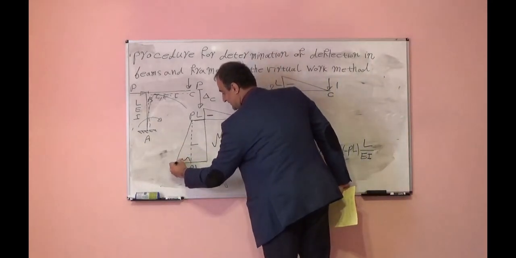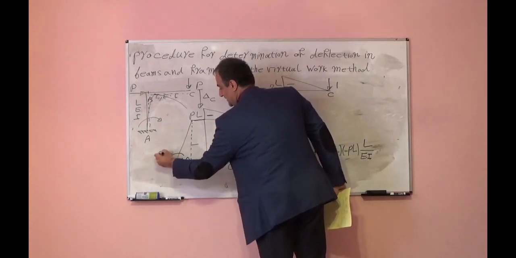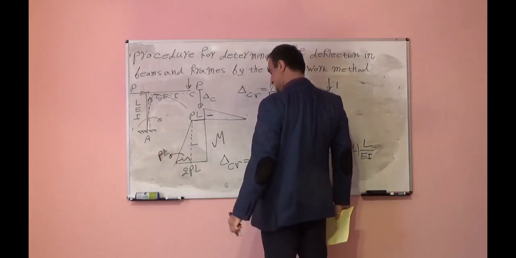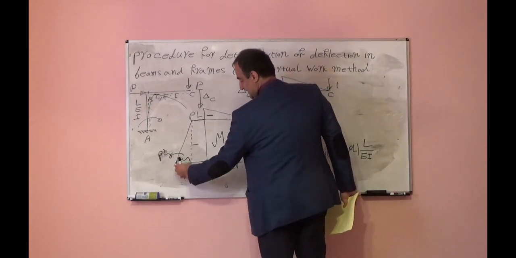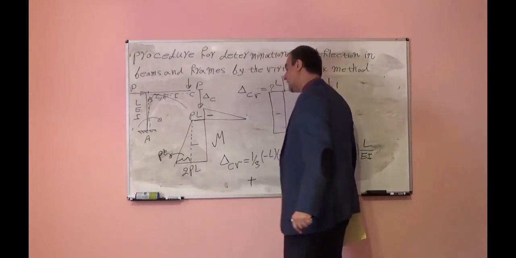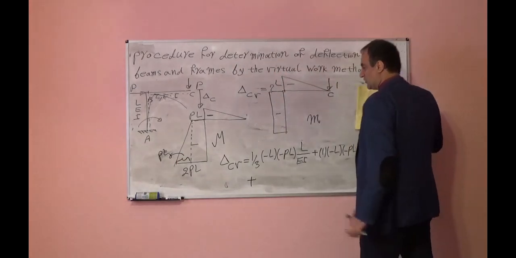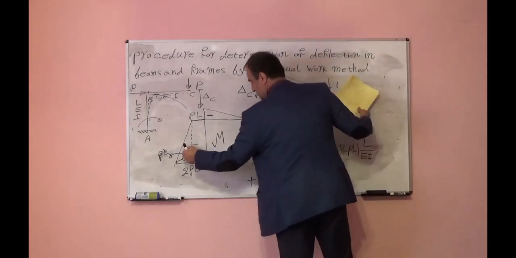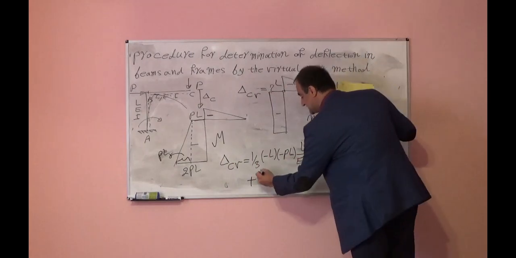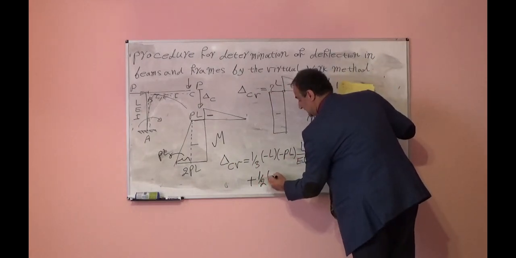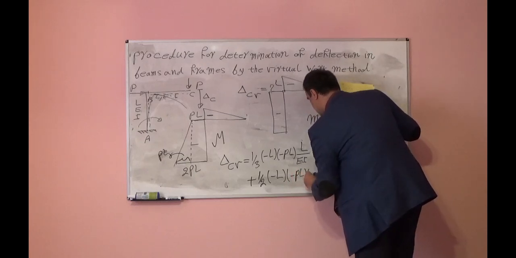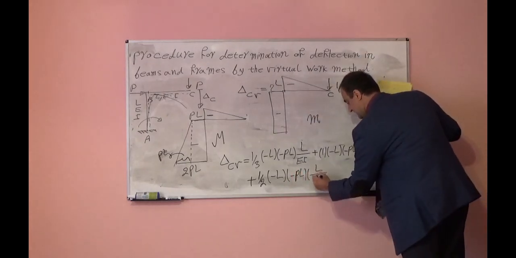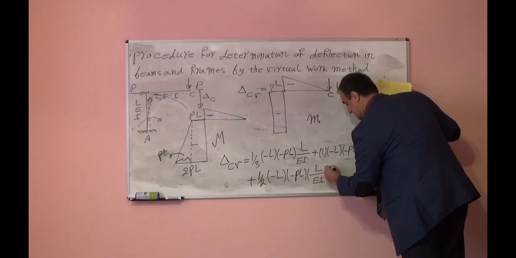Now this triangle height will be PL, because the entire height is 2PL, so PL, we add together. So the triangle part height will be PL. The coefficient for rectangular to triangle, if you check those tables, you will see it is 1 over 2, times negative L times negative PL times L over EI.